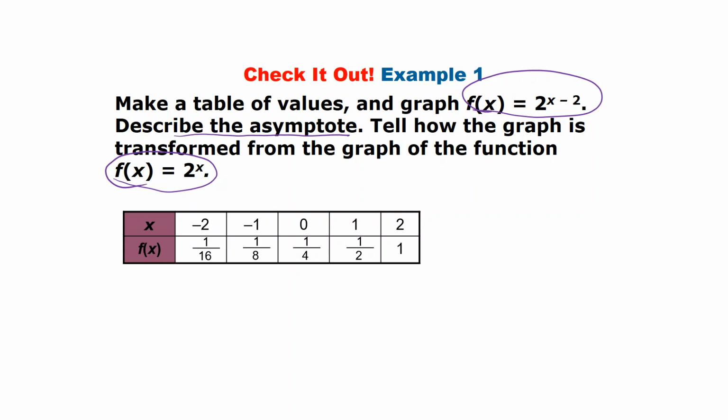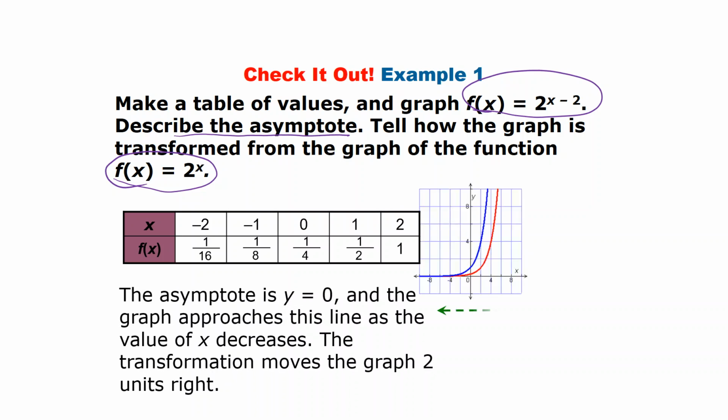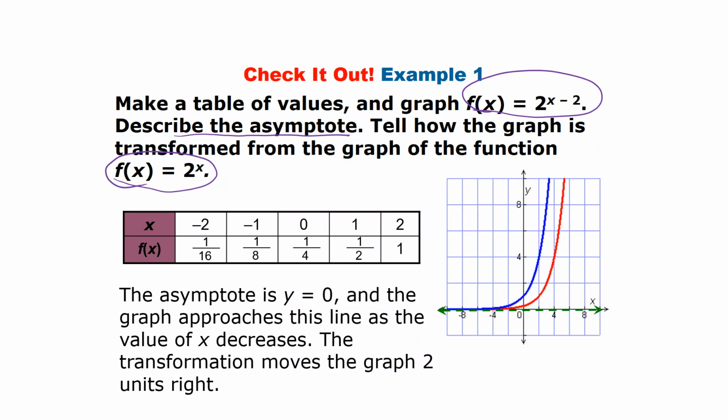All right, so here's your table of values, and you should have seen that in your calculator pretty easily. Let's take a look at what you should have come up with. We see that the asymptote is y equals 0. Notice I didn't have anything added on vertically here, so I didn't change my asymptote.